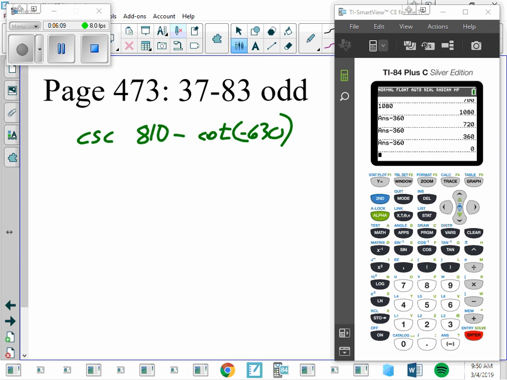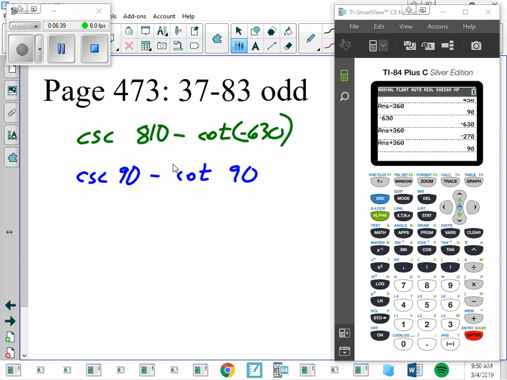First off, let's change the angles. So 810, I'm going to keep subtracting 360 until I get an angle that I know, 90. So this is the cosecant of 90 minus the cotangent of negative 630. I need to convert that into the smallest possible positive angle. So I just continue to add 360, and it's also 90.